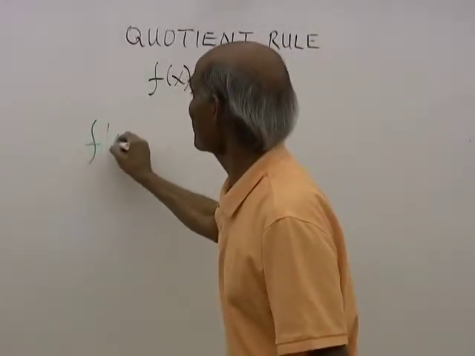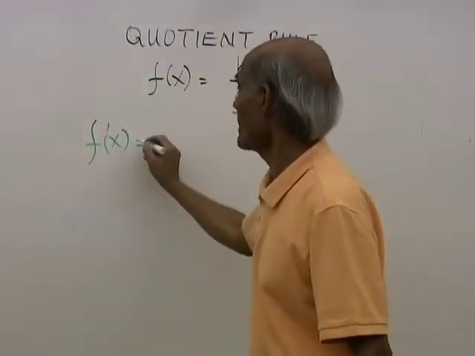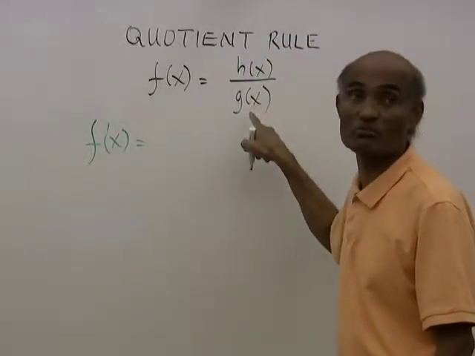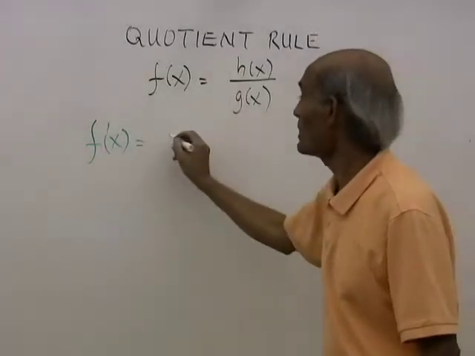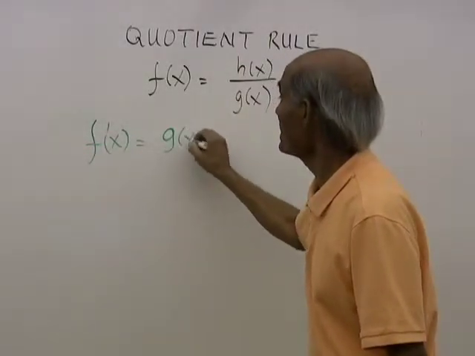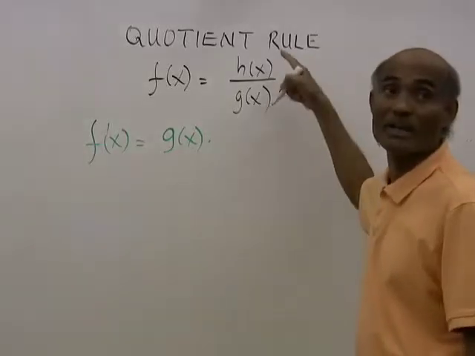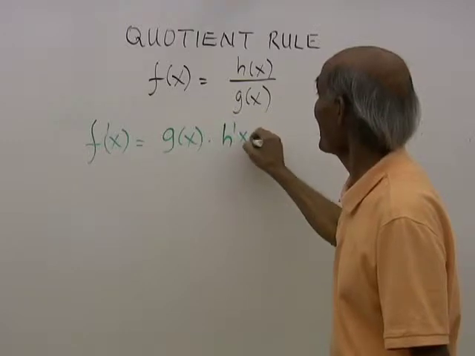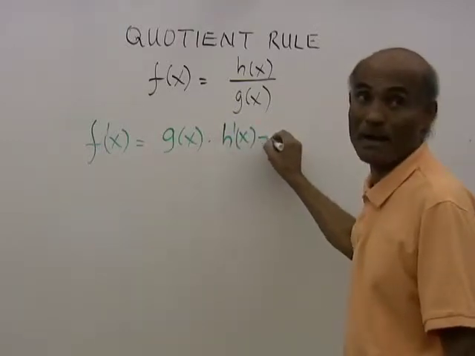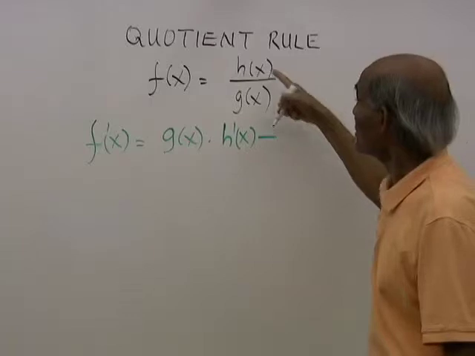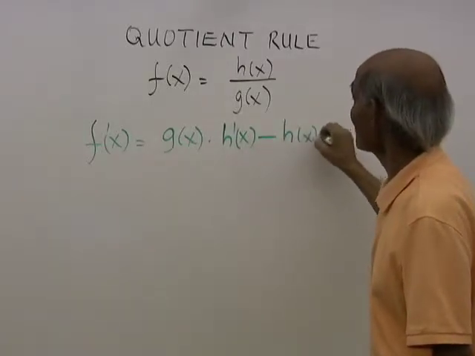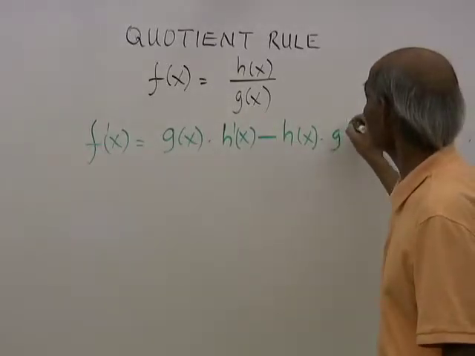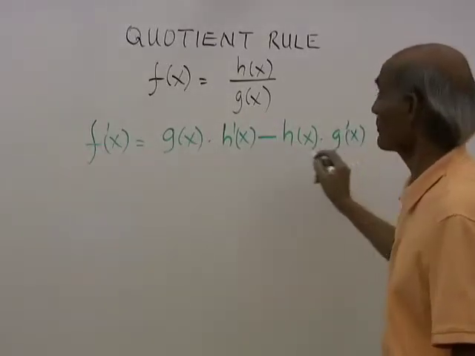F prime of x equal to. Now watch this rule carefully and learn the various steps. You start with the denominator. So it will be the denominator multiplied by the derivative of the numerator, h prime of x, then minus the numerator, h of x, times the derivative of the denominator, that is g prime of x.